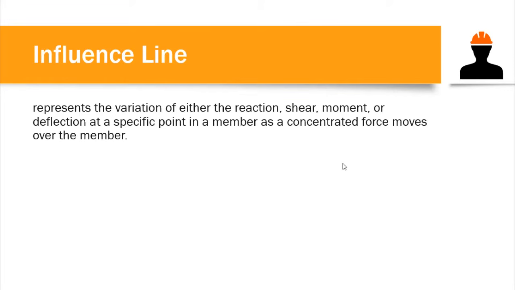In the case, for example, if we have a moving load passing through a bridge, if this is our load P, as our load P moves from, let's say, A to B, our reaction forces also change.